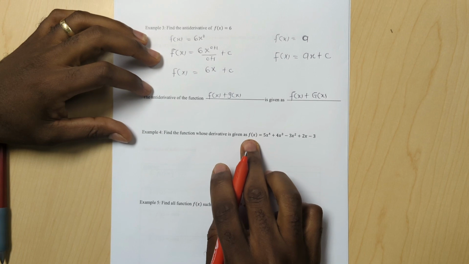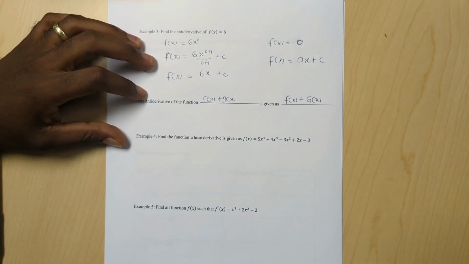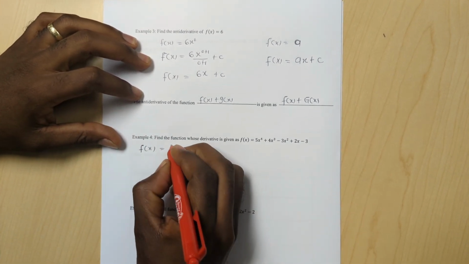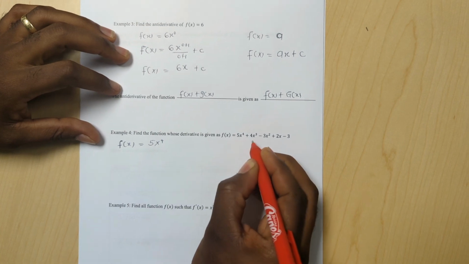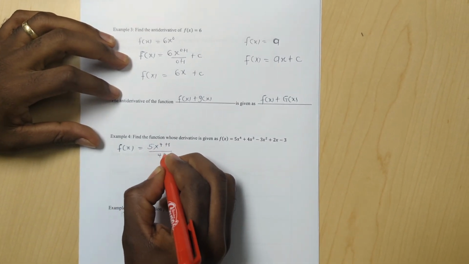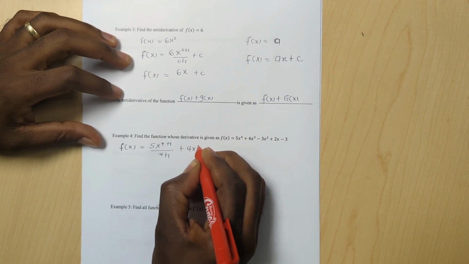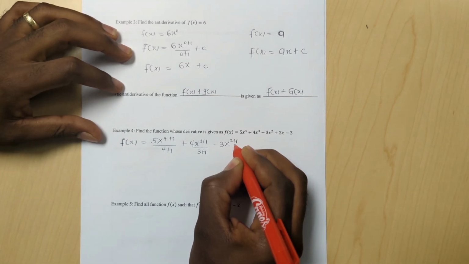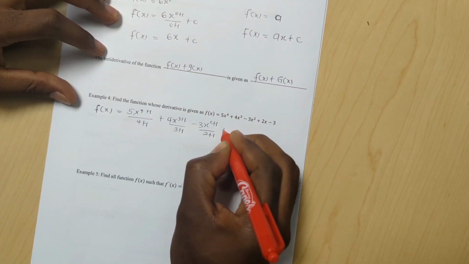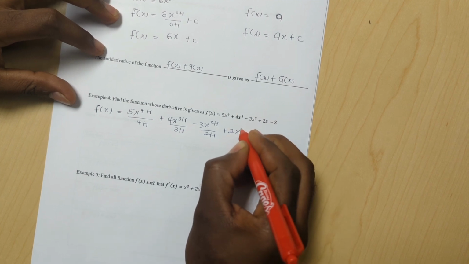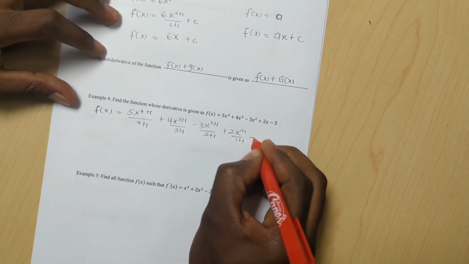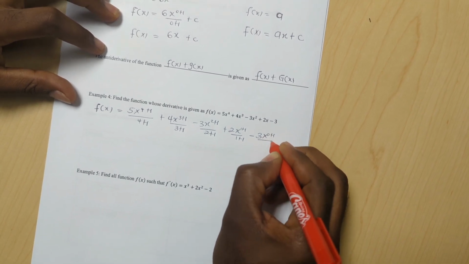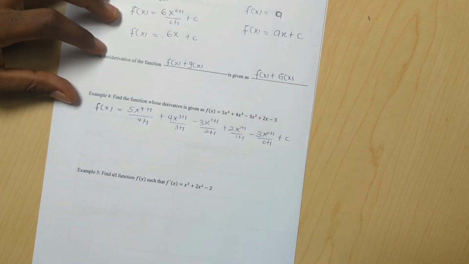So for example, if we have f of s equal to this function and we are asked to find the antiderivative, we can say the antiderivative capital F of s will be equal to 5s exponent 4 plus 1 over 4 plus 1, plus 4s exponent 3 plus 1 over 3 plus 1, minus 3s exponent 2 plus 1 over 2 plus 1, then plus 2s, remember this is exponent 1, so 1 plus 1 over 1 plus 1, then minus 3, remember this will be 3s exponent 0, so 3s exponent 0 plus 1 over 0 plus 1, then of course plus our constant.